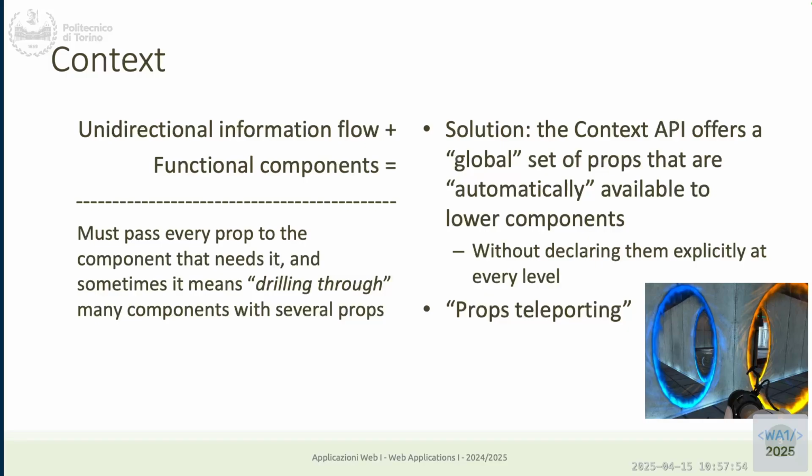For example, the color scheme of your application, is it dark or light mode? Every component should know that. Okay, you may solve it with CSS, but if you need to adapt something, every component should potentially know about this information. Or the language. If you have a multilingual website, is it in Italian, in English, or whatever? Every component that generates a piece of text should know that information.